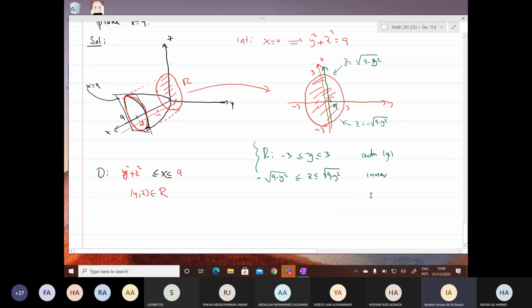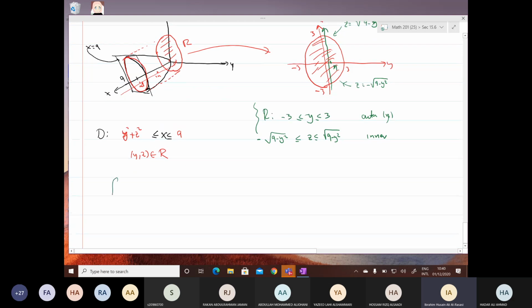So it will be something like this. Triple integral of f dV over D. The inner is f of x, y, z dx from y squared plus z squared to 9. This is the inner. Then the outer over R. I said the outer is dy and the inner is dz.